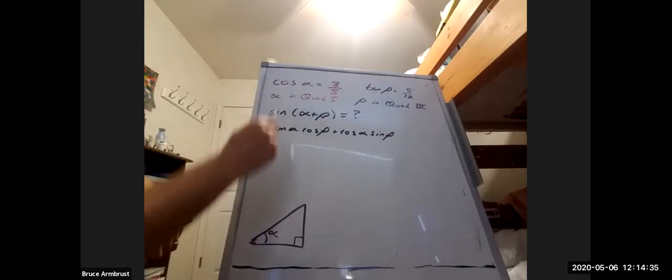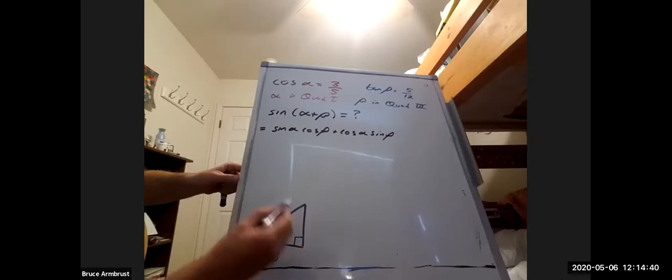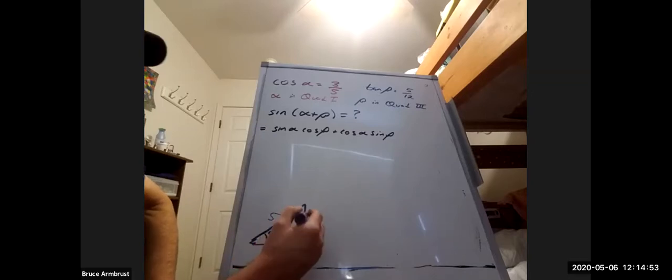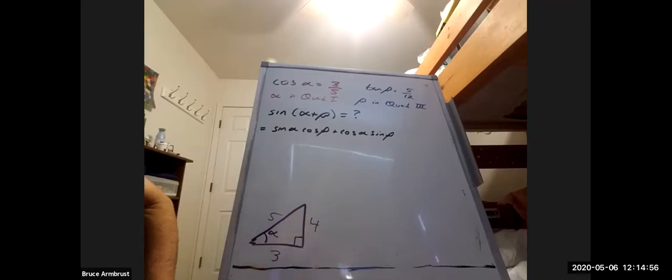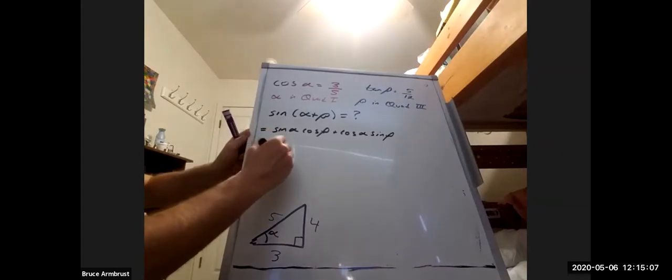I know the cosine is 3/5, so that's my adjacent over my hypotenuse. To find sine, I need to know the opposite side. We've got the Pythagorean theorem, but a lot of you probably don't even need it. You recognize this as the 3, 4, 5 triangle. So the sine of alpha is going to be 4/5.